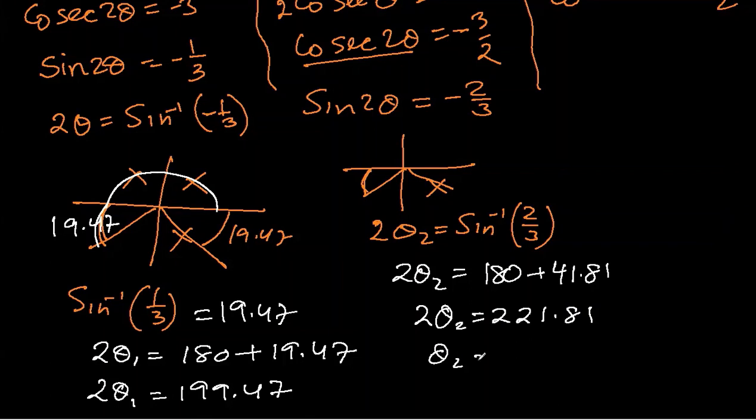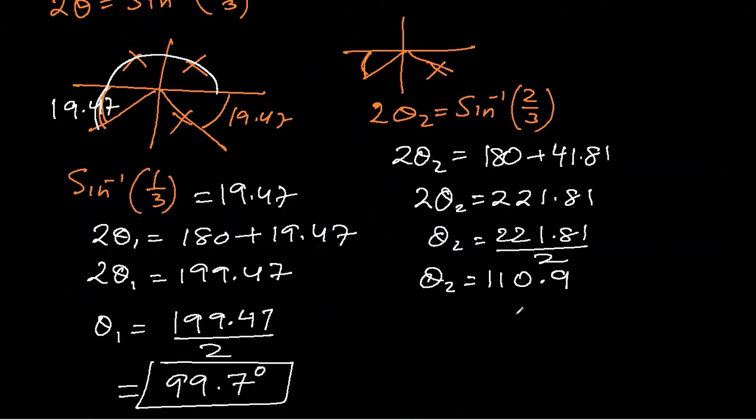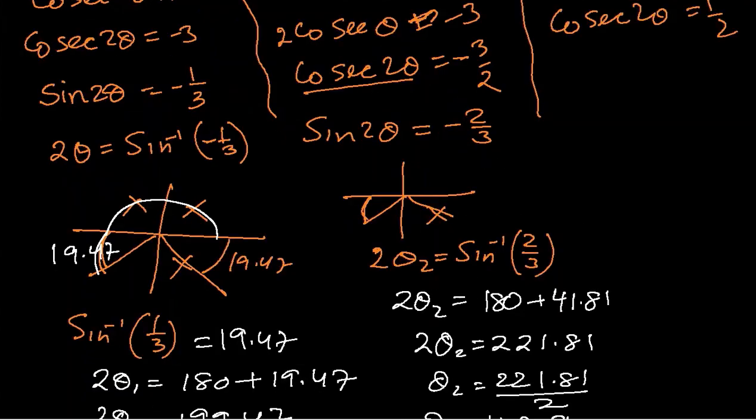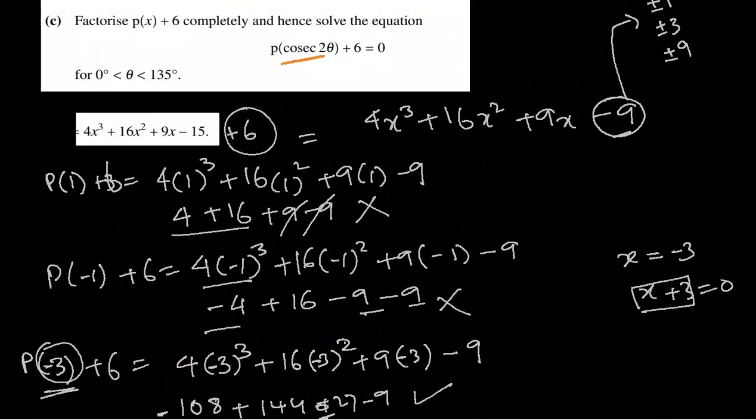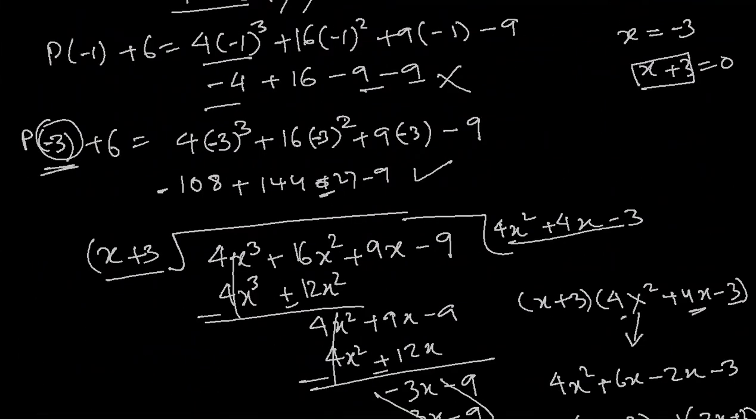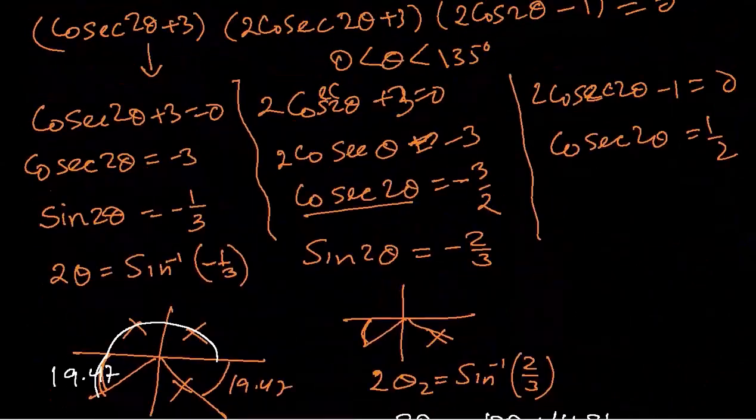So theta 2 will be 221.81 divided by 2, and finally the second answer comes out to be 110.9. And if they want 3 significant figures, we can write 111 degrees. Let's see if they said something specific. No. So we can write our answer like this.